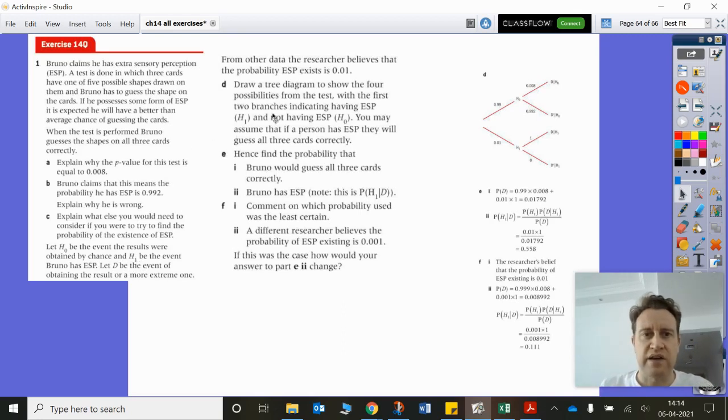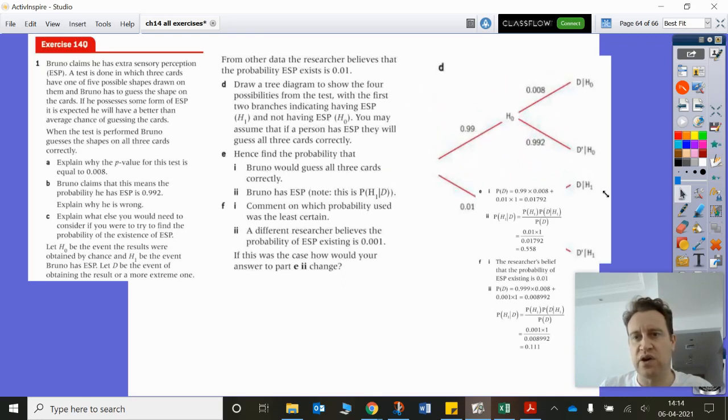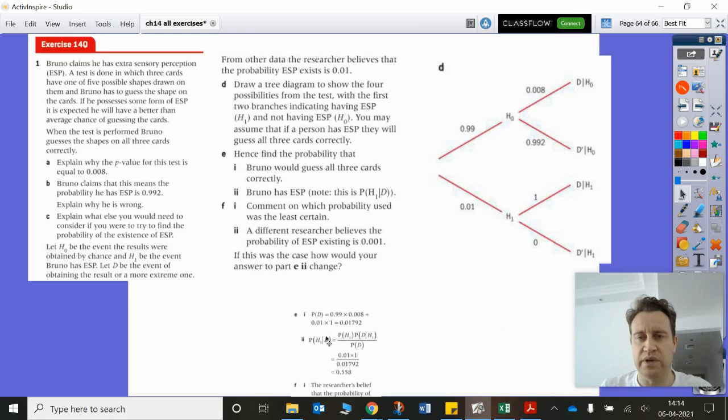Okay, having ESP and not having ESP. So that's according to the underlying population, and the null hypothesis is that 99% of people don't have it and that 1% of people do have it. So we're looking at the underlying population there.